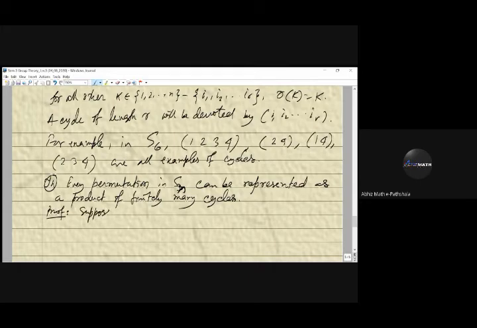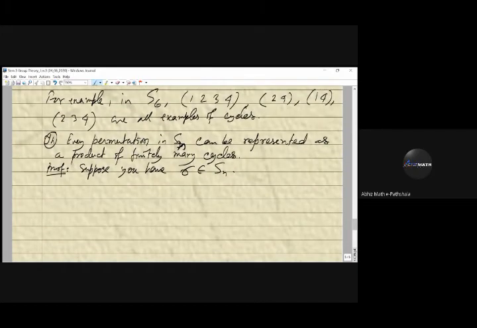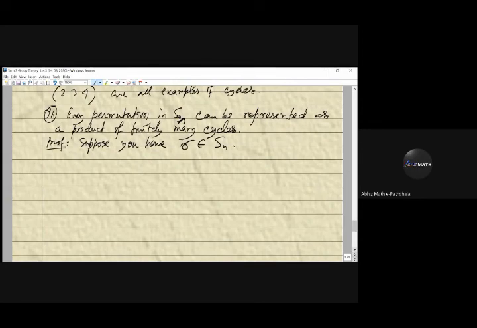Suppose you have sigma in Sn. Then we consider these objects. What are those?